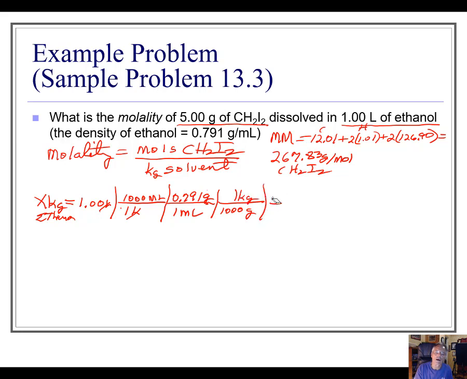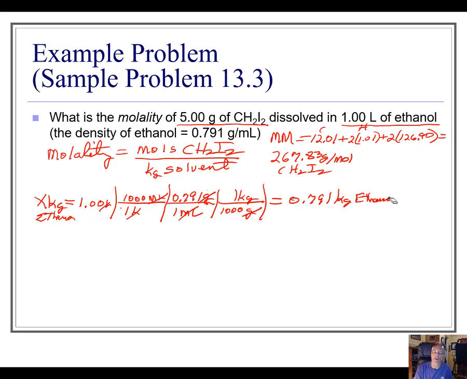Well, that turned out to be pretty silly because we're going to multiply by 1,000, divide by 1,000. 1,000 over 1,000 is just 1, so really we're just multiplying 1 times 0.791 times 1, which gives us 0.791 kilograms of our solvent, which is ethanol.